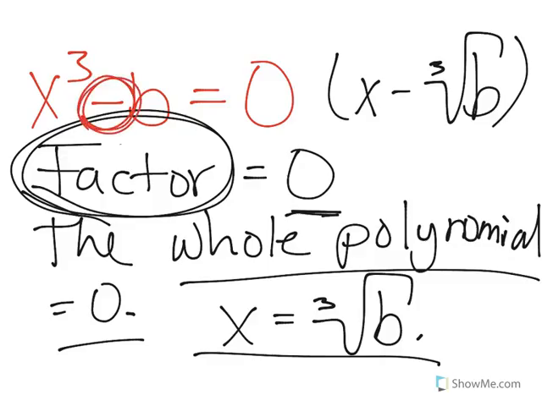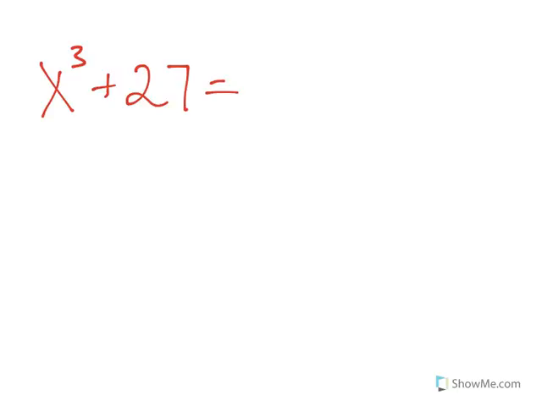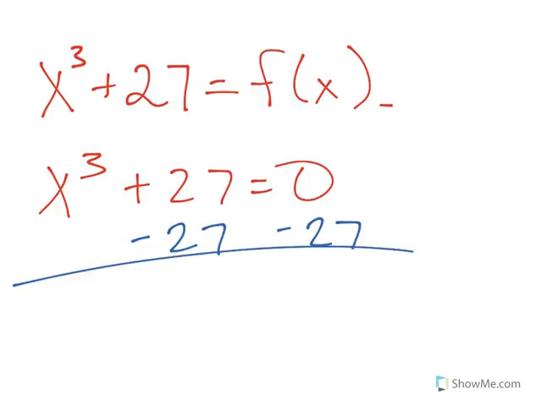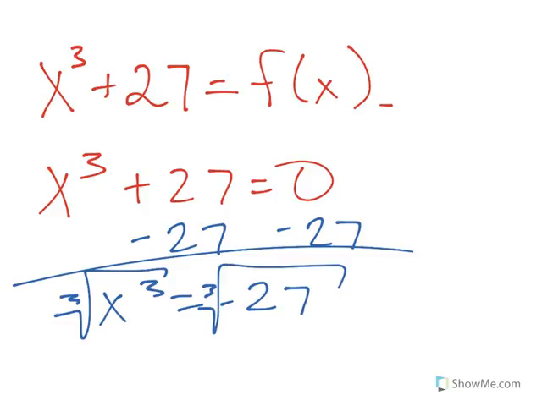Let's say that we had x cubed plus 27, and we want to factor this out. As you may recall, here we had a negative. To find the zero of this, you get x cubed plus 27 is equal to 0, and when we subtract 27 from both sides, you get x cubed is equal to negative 27. And when you take the cube root, you get that x is equal to negative 3, because the cube root of negative 27 is negative 3.